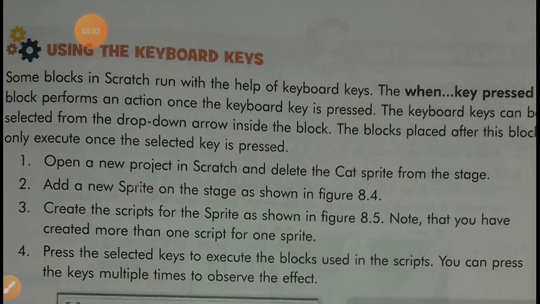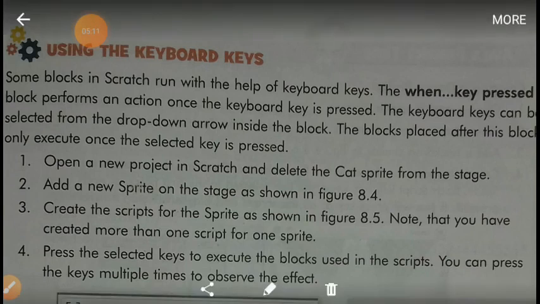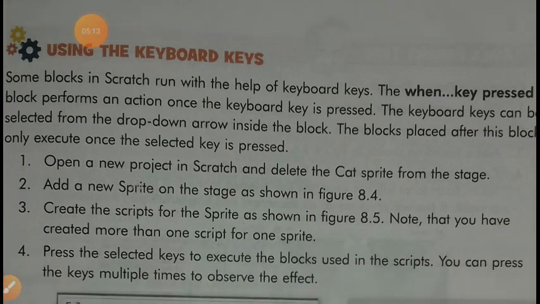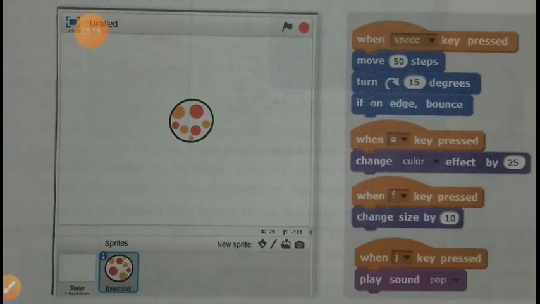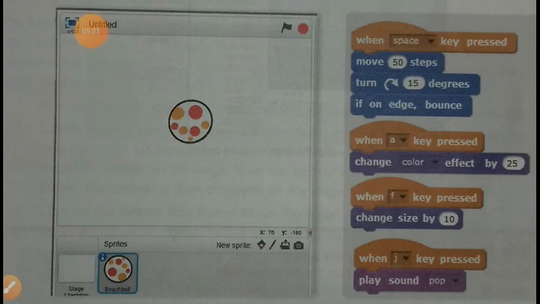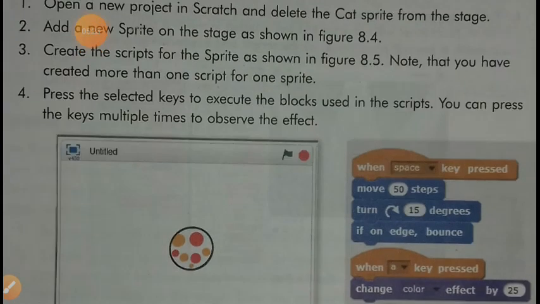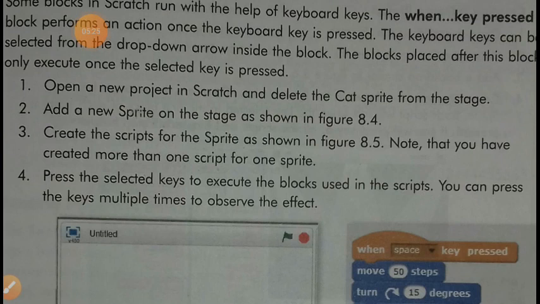In this, step 1 is to open a new project in Scratch and delete the cat sprite from the stage. Add a new sprite on the stage as shown in figure 8.4. You can see here, students, this is figure 8.4. Then create the script for the sprite as shown in figure 8.5.